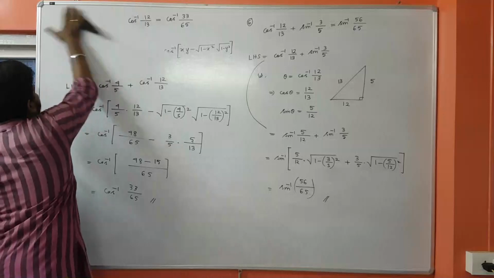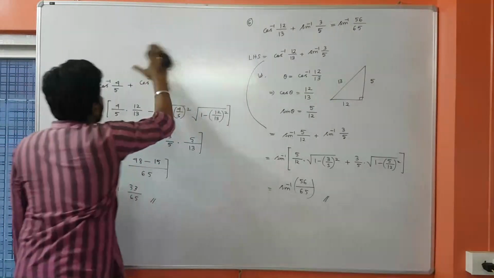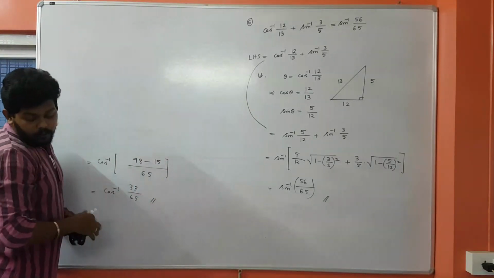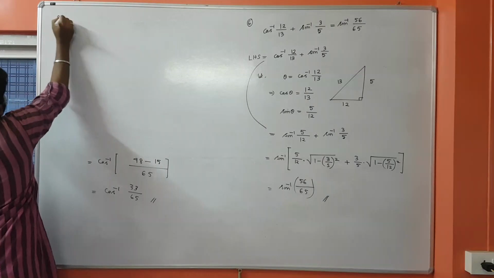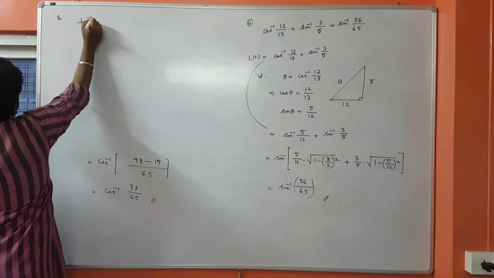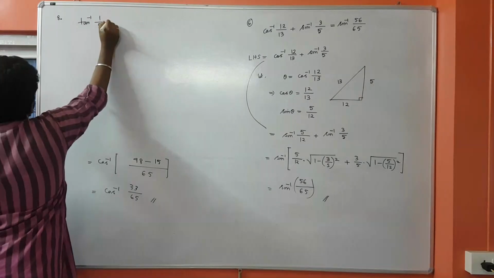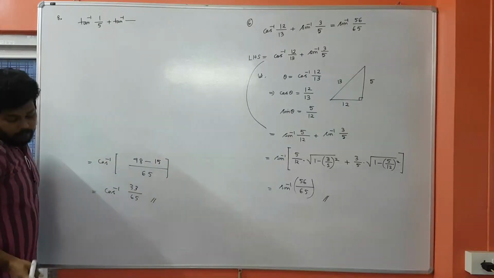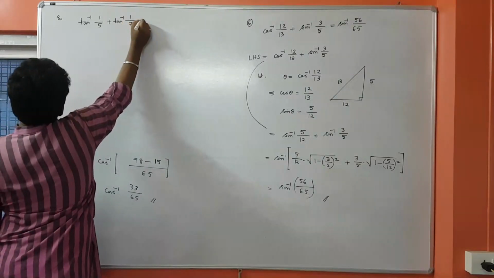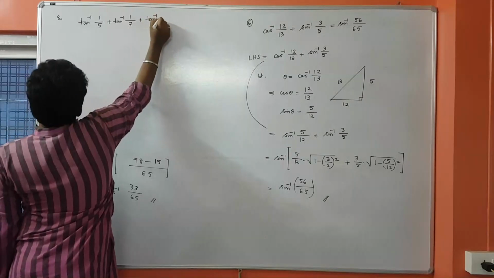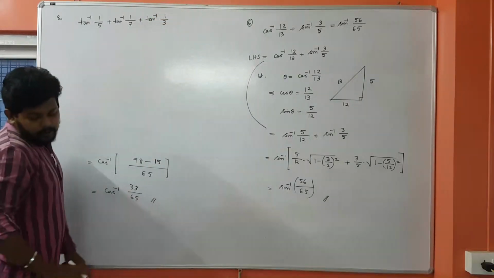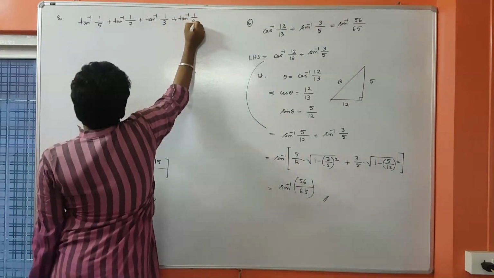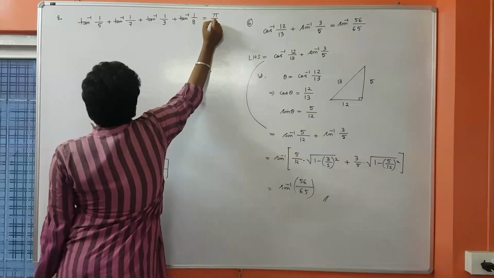What about question number 8? You have to prove that tan inverse of 1 by 5 plus tan inverse of 1 by 7 plus tan inverse of 1 by 3 plus tan inverse of 1 by 8 is equal to pi by 4.